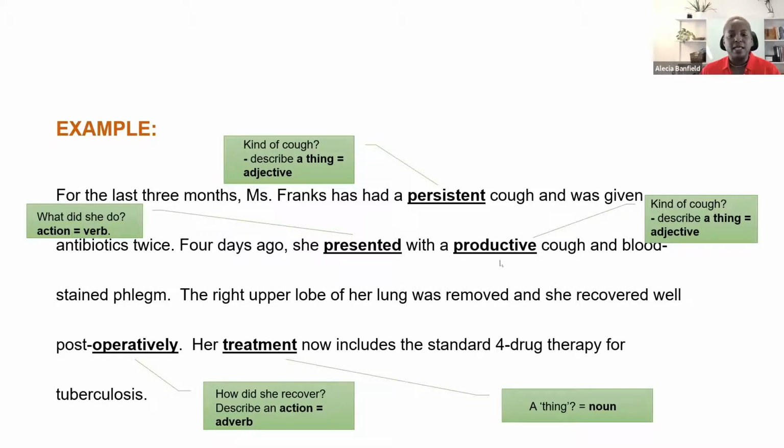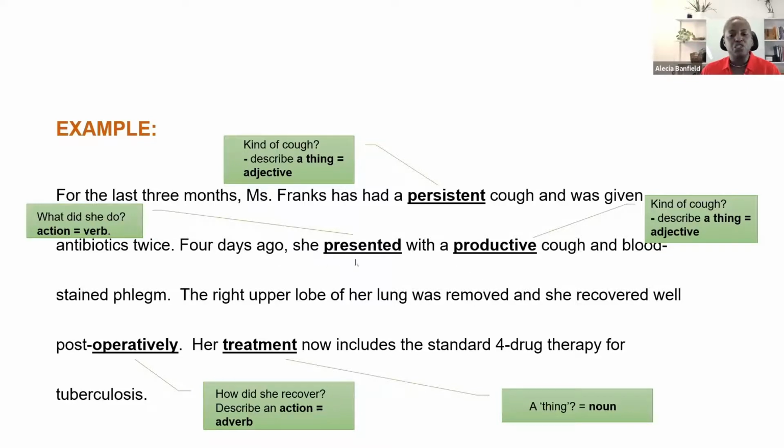So let's look at these words underlined and in bold. Ms. Franks has had a persistent cough. So we're looking for a word that describes cough, an adjective. So persistent is the adjective from persist. 4 days ago, she presented with.